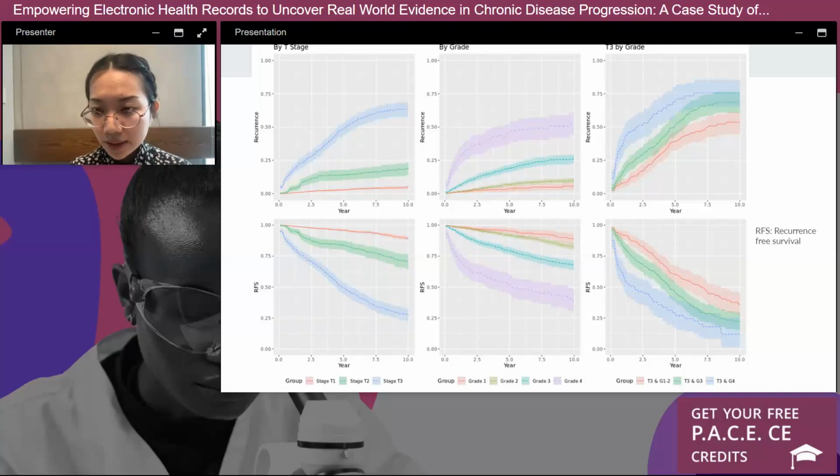And particularly if you zoom into the T3 stage and then arrange the curves by their particular grade, you also see an elevated accumulative recurrence rate. And actually you will see that regardless of the grades, they all are already pretty high in comparison to the others.